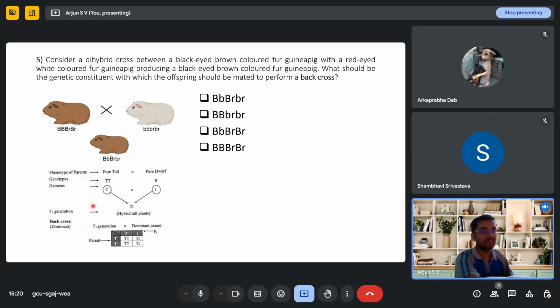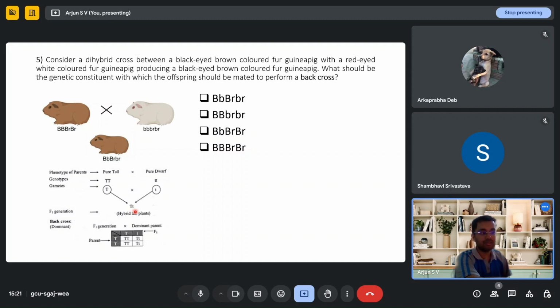So here I have mentioned what a back cross is. A back cross is when you cross it with a homozygous dominant parent to generate a hybrid progeny. In the lectures we saw what a test cross is. A test cross will tell you whether the genotype is homozygous or heterozygous.